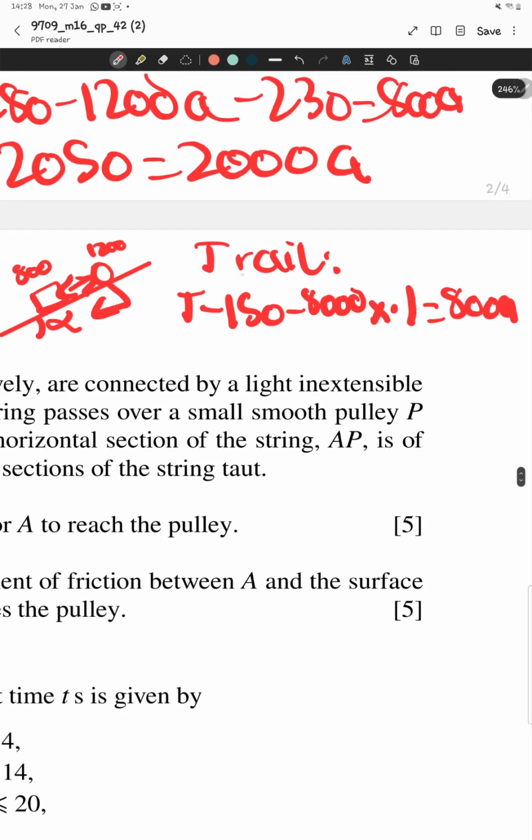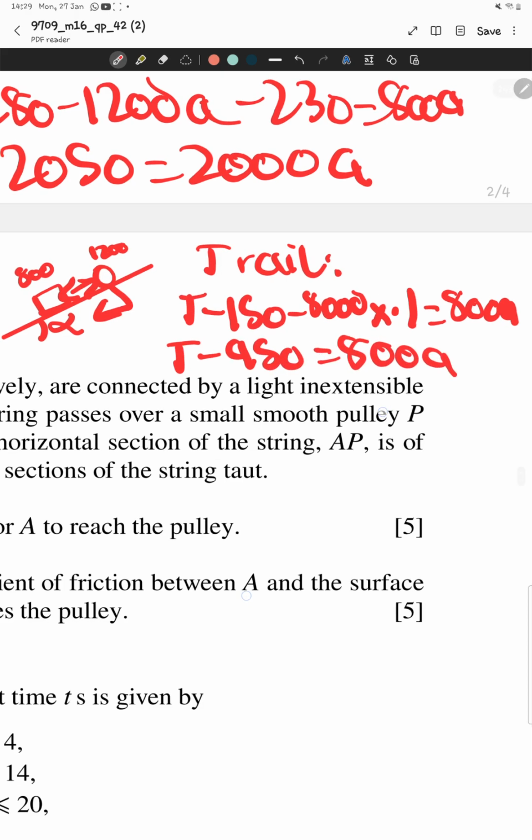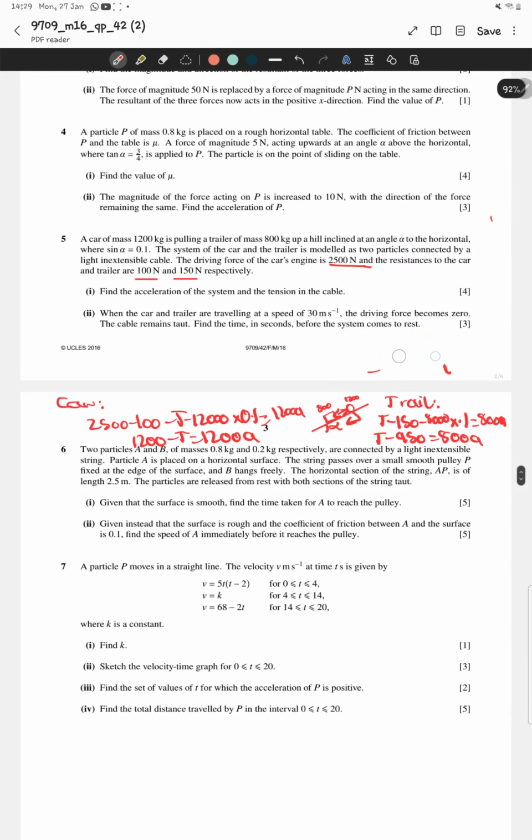So it'll be T minus 950 equals 800 A. So you just swap out T. This becomes 1200 minus 1200 A, minus 950 equals 800 A. So 1200 plus 950. Wait, this is giving me the same answer. What is going on?